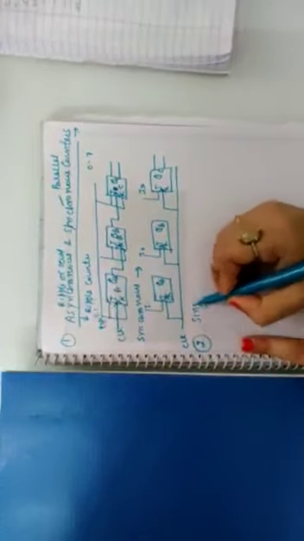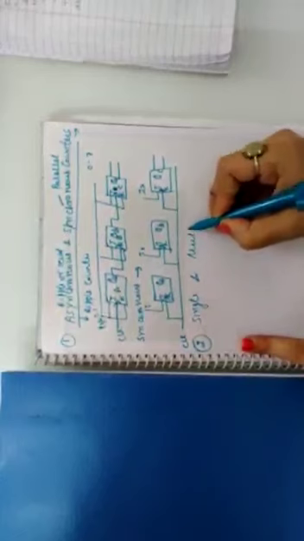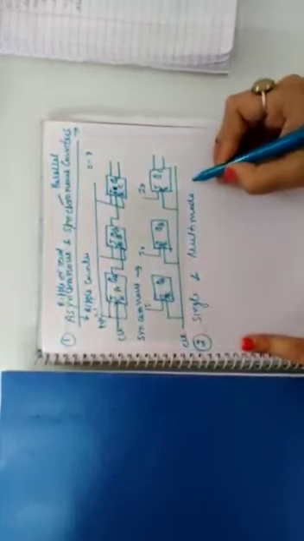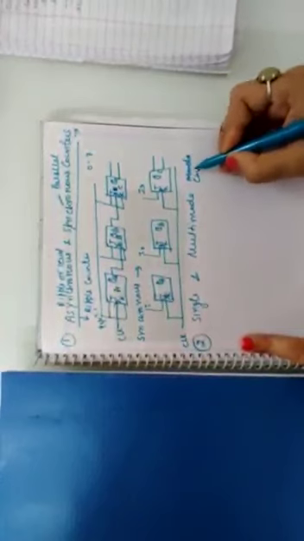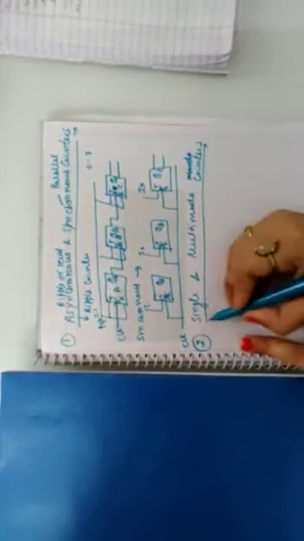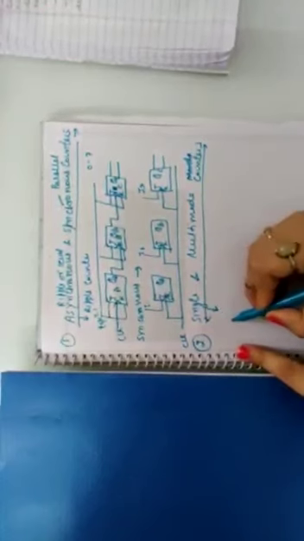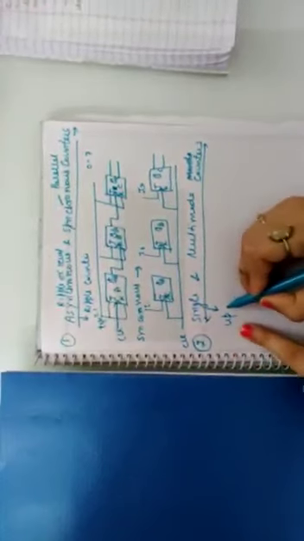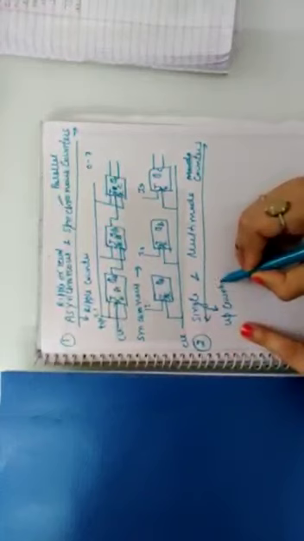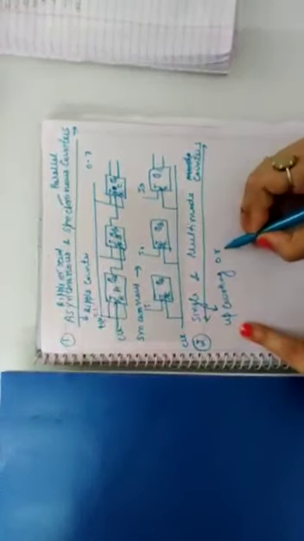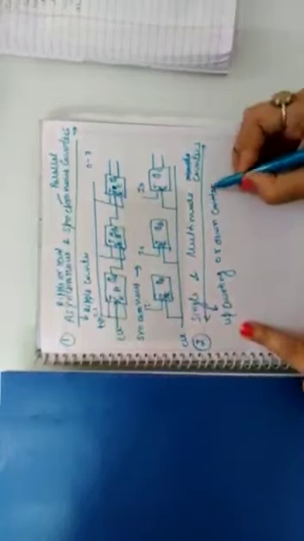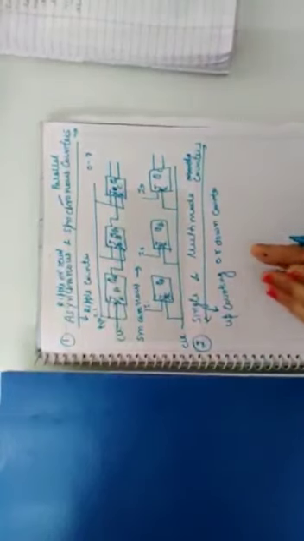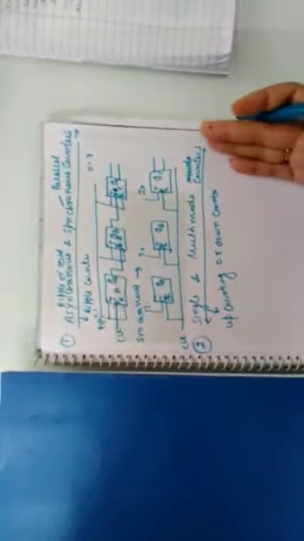Okay, now the second type of counters are single and multi-mode counters. So what do we mean by single mode counters and multi-mode counters? Single mode means it can do either up counting or down counting.